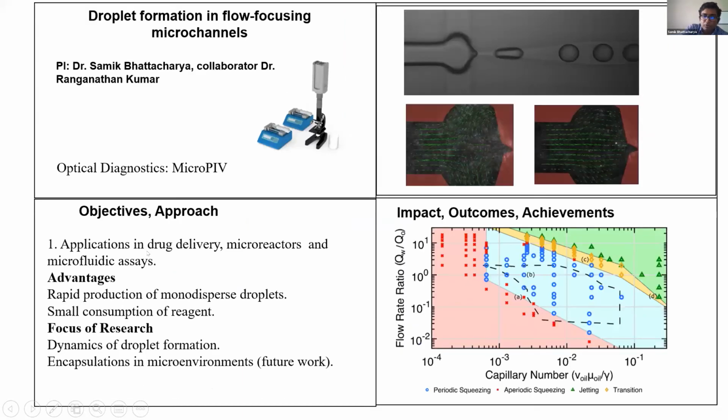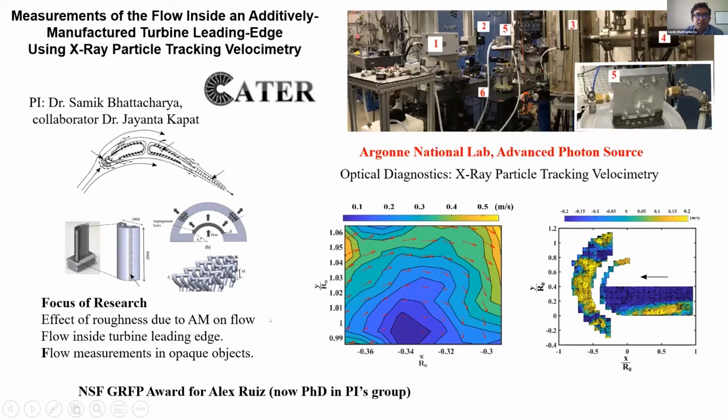So what we did is we collaborated with Argonne National Lab, and we utilized their APS, Advanced Photon Source facility, which is a very high energy, pulsed X-ray facility, almost 300 kilo electron volt. As you can see in the top right inset, we send an X-ray beam and capture the images at 10,000 frames per second.